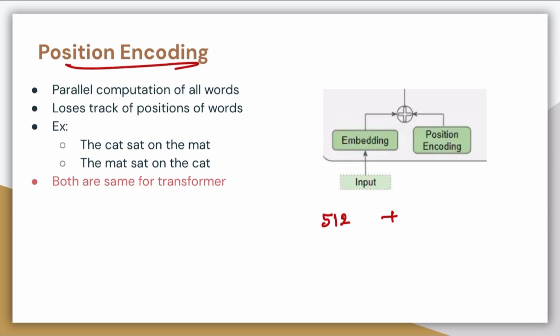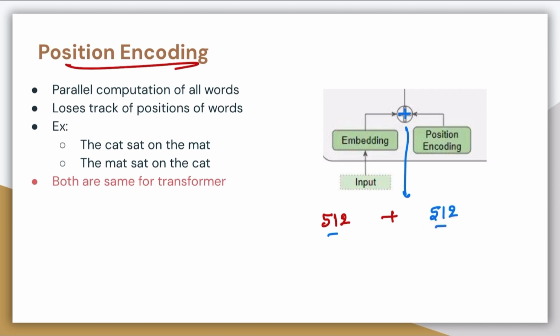Now if I want to add this here, my position encoding should also have 512 dimensions, right? Then only I can add these two vectors. So in simple terms, position encoding is also a vector of the same dimension as the embedding vector, but it actually has the position information of each word.